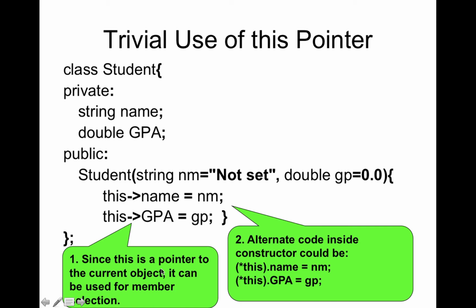We showed that how you can use a pointer to objects for member selection. Remember, we did the pointer to a string, and we had that pointer arrow, the length function was called. Okay. So that's the trivial use inside the constructor.